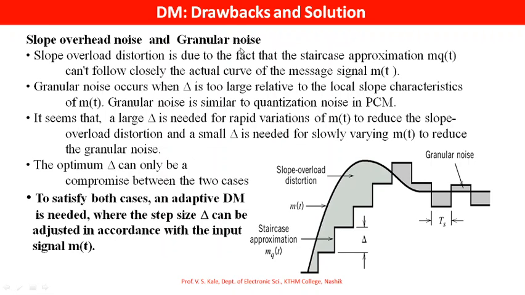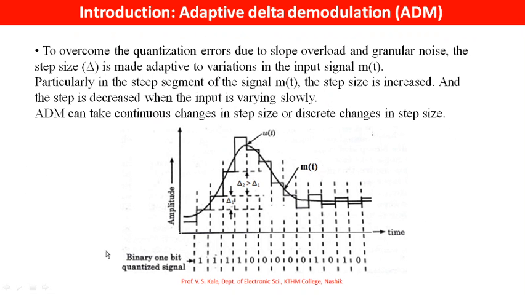To remove these problems, that is slope overload noise and granular noise, to satisfy both cases, an adaptive delta modulation is needed where the step size delta can be adjusted in accordance with the input signal m of t. Now let us see the introduction of adaptive delta modulation. In short, it is called ADM.